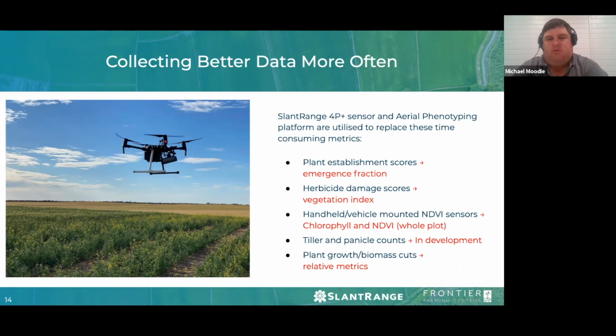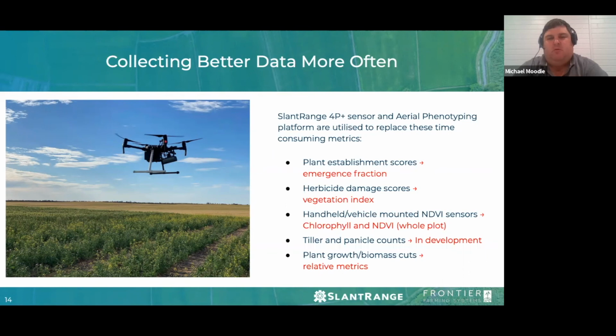I know that there might be some products that might be able to help us with our panicle counts in particular, or head counts in our cereals. So I'm really interested to see what happens there. I know that's in development. And also looking at plant growth and biomass cuts.